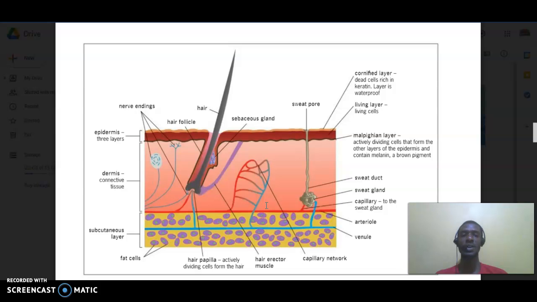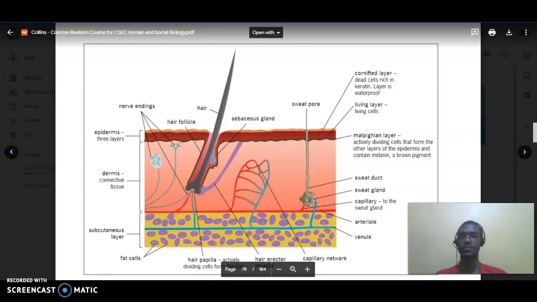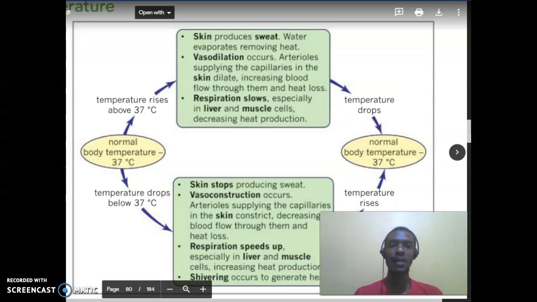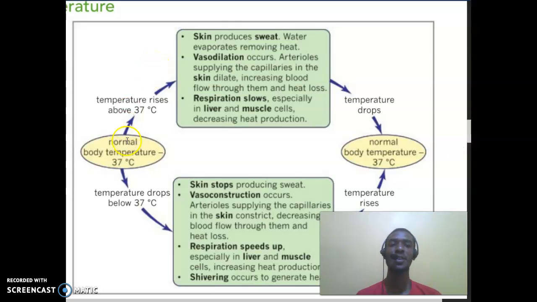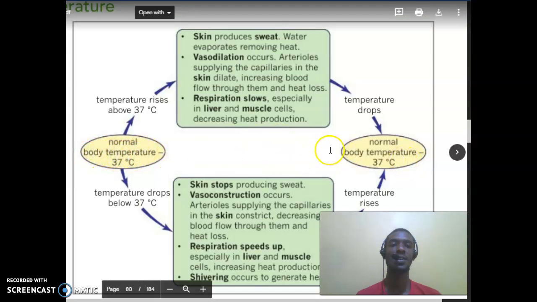So let us look now at the negative feedback mechanism for temperature. Right, so we are looking now at the negative feedback mechanism for maintaining normal body temperature. And as you can see, like most feedback mechanisms, normal is somewhere in the center of the cycle or the diagram.